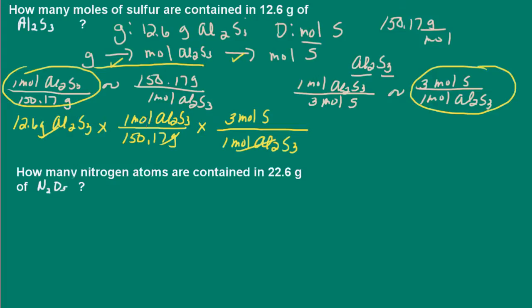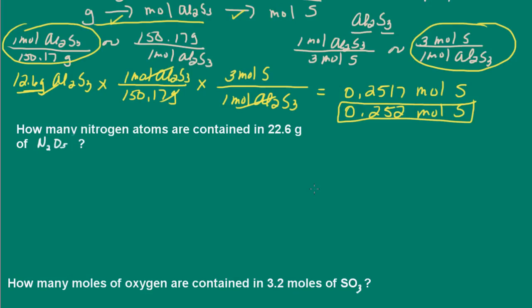And again, this cancels out, and we do the calculation, and I end up with 0.2517 moles of sulfur, but I have to check my significant figures here. I can only have 3. Okay, that's given here, so I'll go ahead. That's going to be 0.252 moles of sulfur.